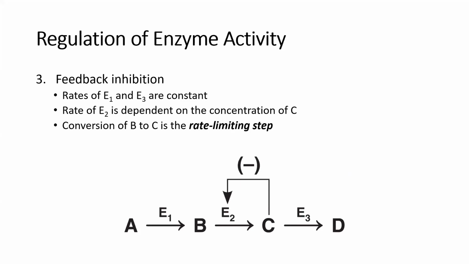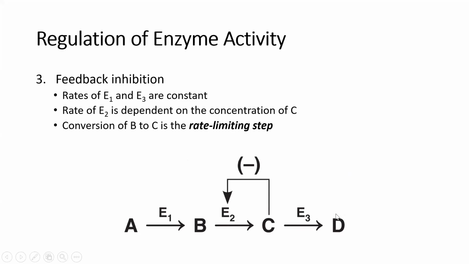Essentially, the rate limiting step would be the use of that enzyme. Let me say that in another way. We've got this flow of reactions here. Substrate A creates product B, substrate B creates product C, substrate C creates product D.